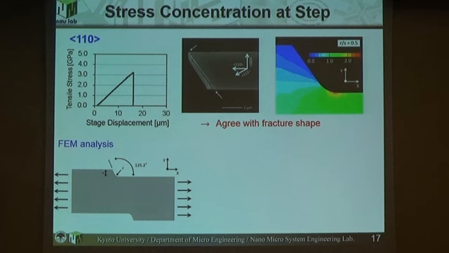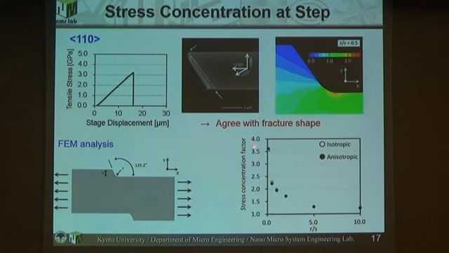He made calculations by changing the step height and the radius of this step, and we got values of the stress concentration factor as a function of the ratio of radius to step height.